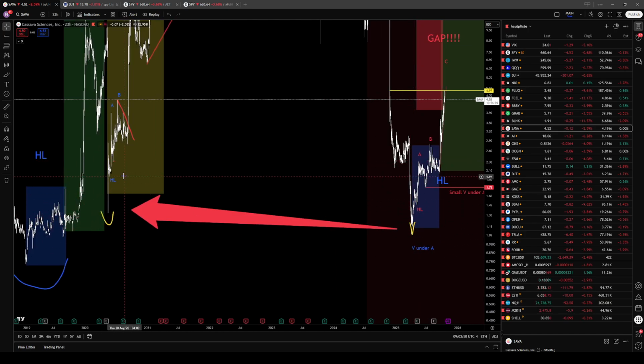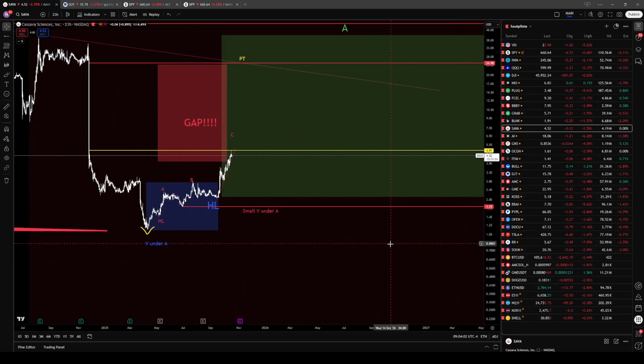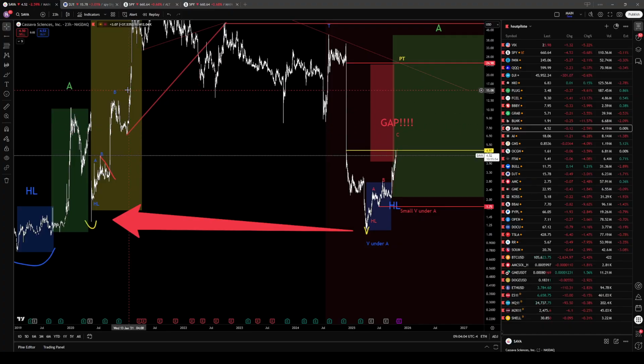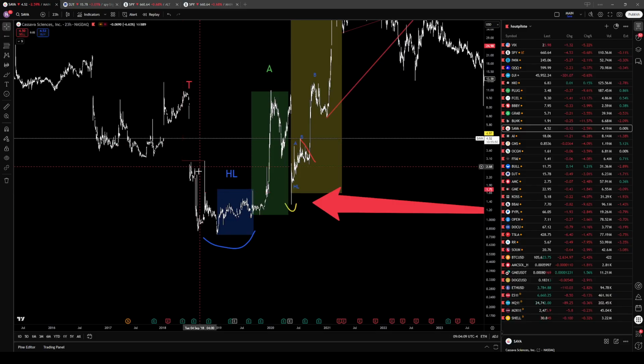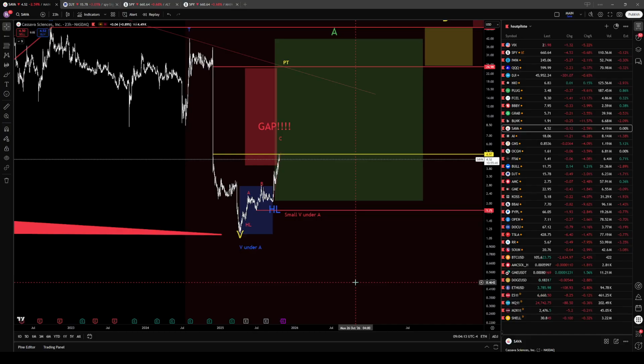V, high, low, A peak, B peak, downtrending channel, and we are in this candle right now. And again, most likely, all these gap fills were Friday, Monday, pre-market, after hours, all of them. So it's a 100% risk play, and it's just miss it or risk it.